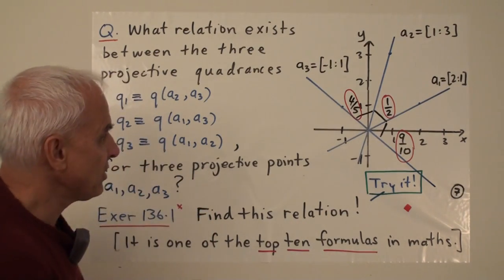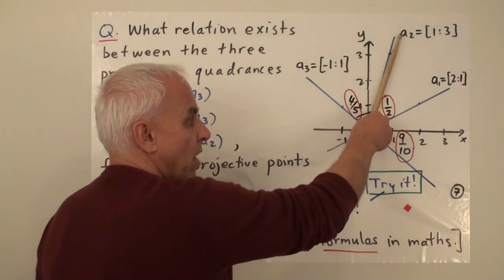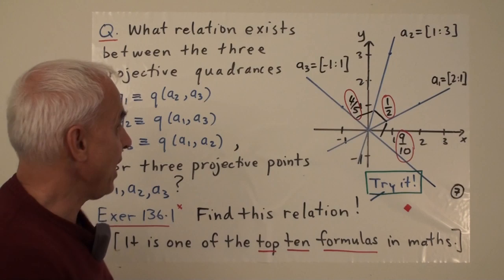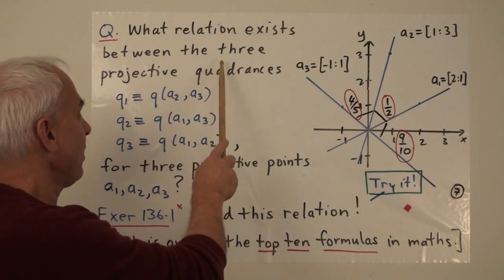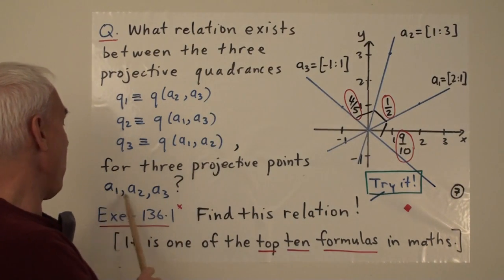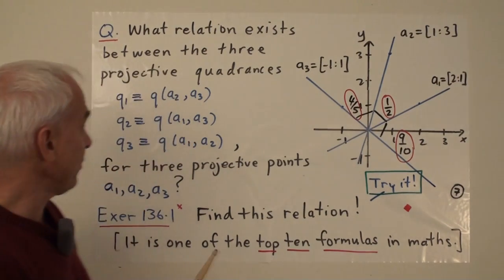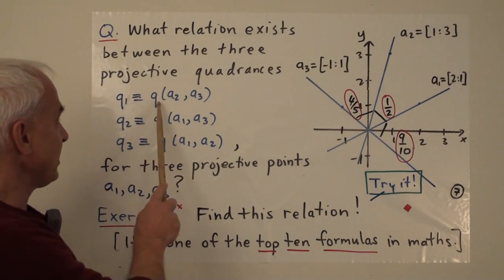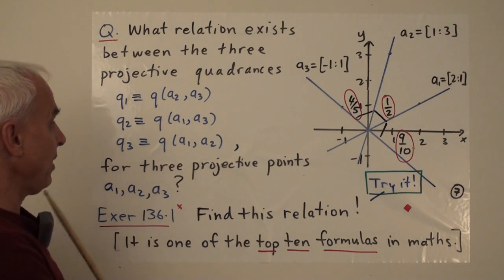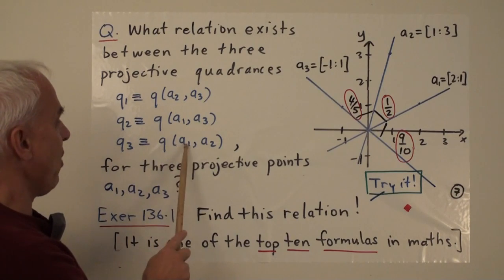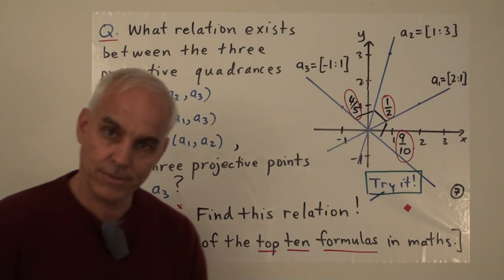We've just defined the notion of projective quadrance between 2 of our projective 1 points. Okay, now what happens if we have 3 projective points? For example, A1, A2, A3. Then there are going to be 3 projective quadrances. Q1 is the quadrance between A2 and A3, Q2 the quadrance between A1 and A3, and Q3 the quadrance between A1 and A2.